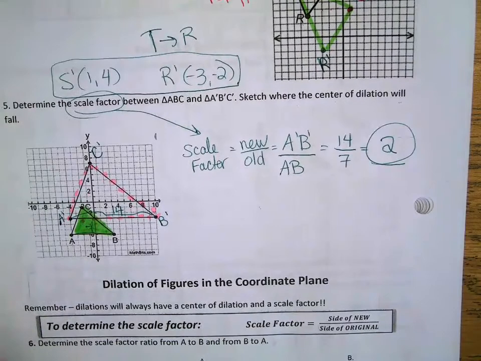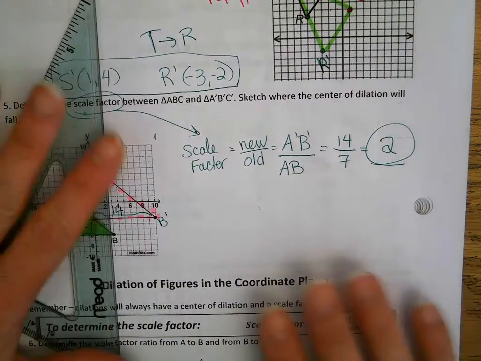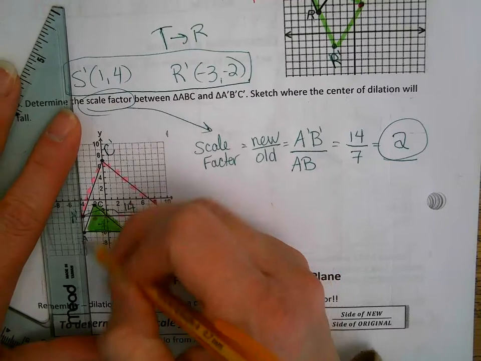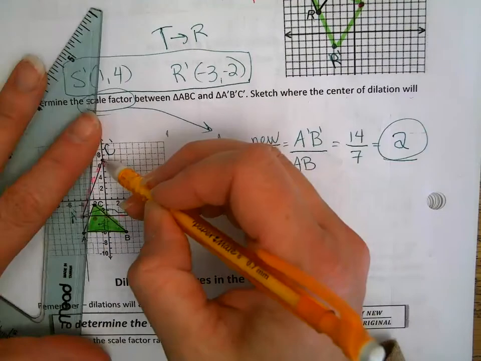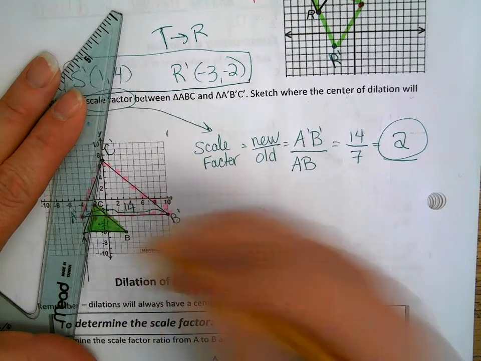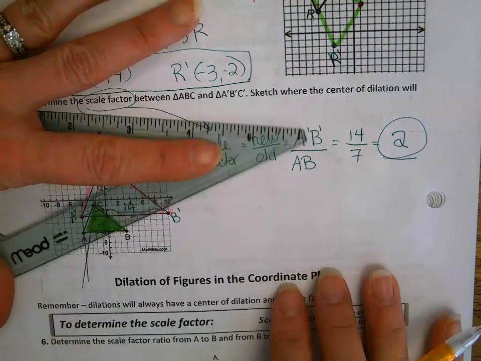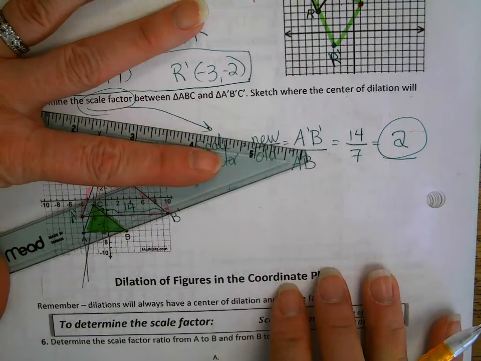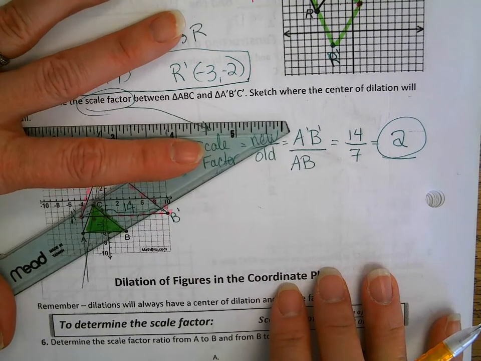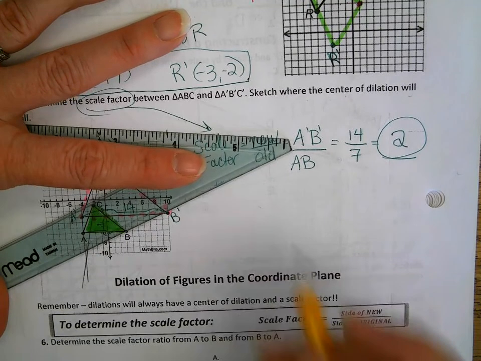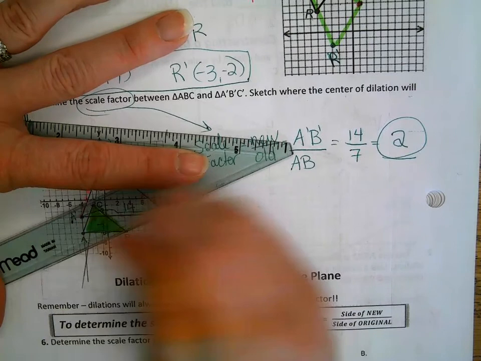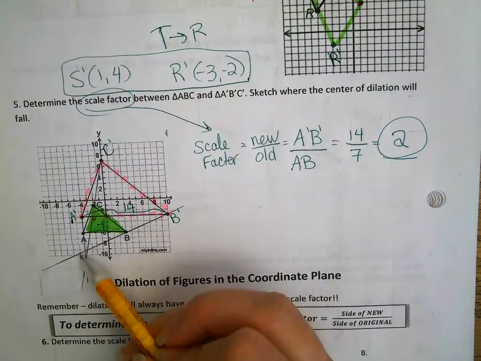So to find that center of dilation, again, we use our straight edge and we connect A to A prime, just go straight down. Now C to C prime, and kind of come down at a diagonal, and B to B prime, again, a little bit off here.